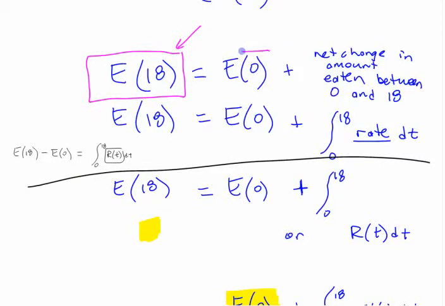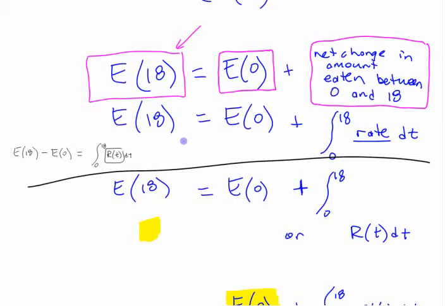And the way you can find that is if you know how much you had eaten at 0, at midnight, plus the net change in the amount eaten, in other words, how much you eat between those two times. That's what this is, right? If you know the amount at a certain point, plus how much it changes between that point and the time you're interested in, that's what that is.